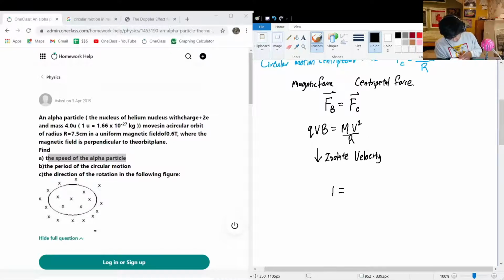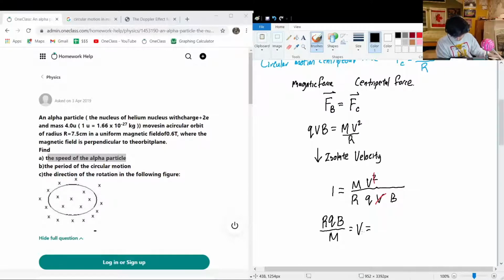So we're going to have 1 equals mv squared over r qvb, if we divide both sides by qvb. And what that's going to do is neutralize the velocity, or it's going to neutralize a square. And then we can just bring everything to the other side except the velocity. So we're going to have r qB over m is equal to v.